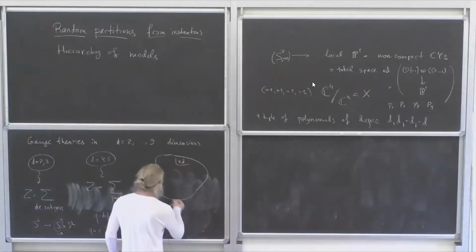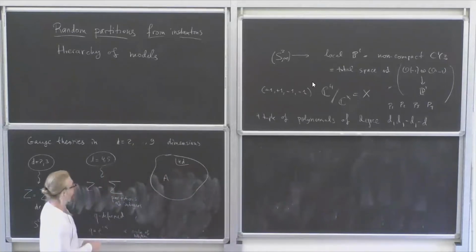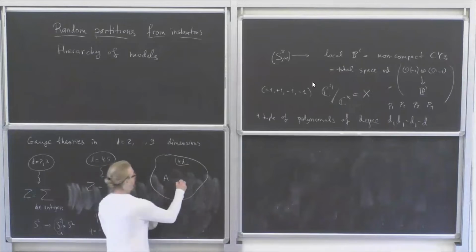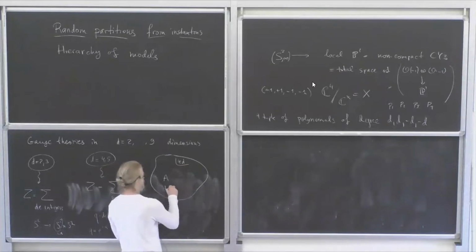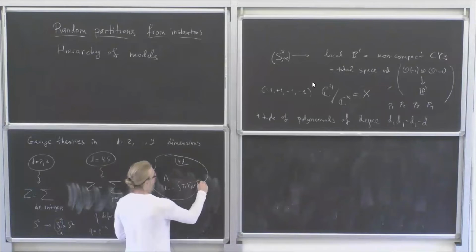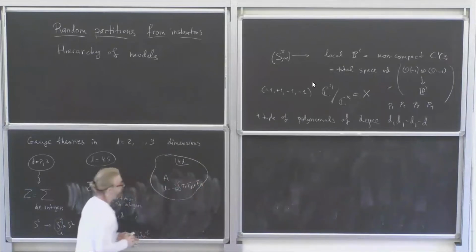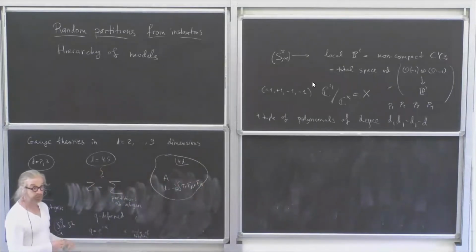So I still have non-trivial instanton configurations, which, for example, if my theory is the gauge theory with some gauge fields A, the instanton configuration will be characterized by the Pontryagin class of the associated gauge bundle.